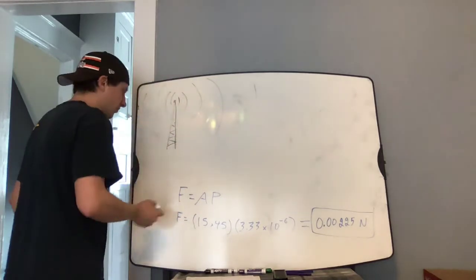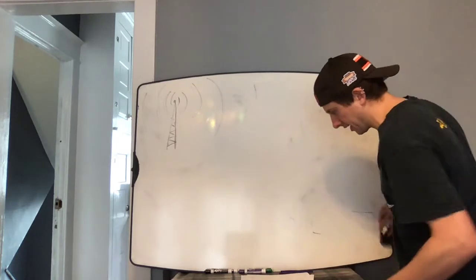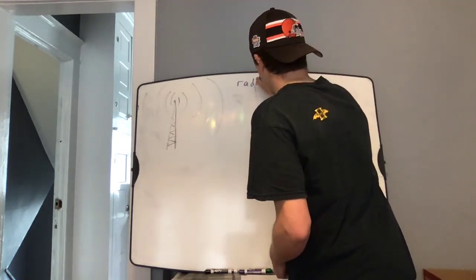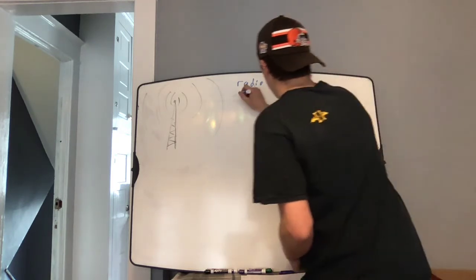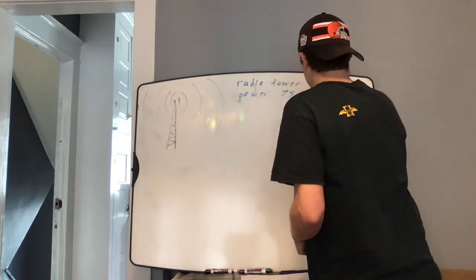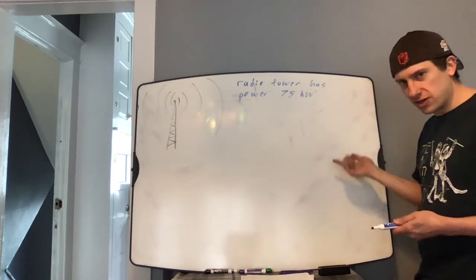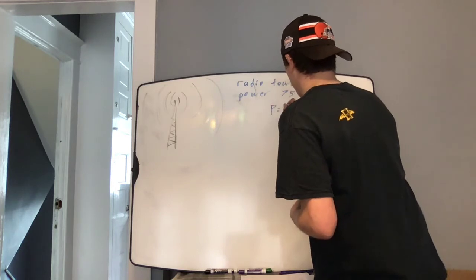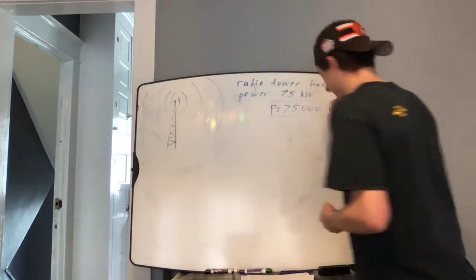So the power of this radio tower is 75 kilowatts. And we always want to be working in base SI units, so 75 kilowatts would be a power of 75,000 watts.